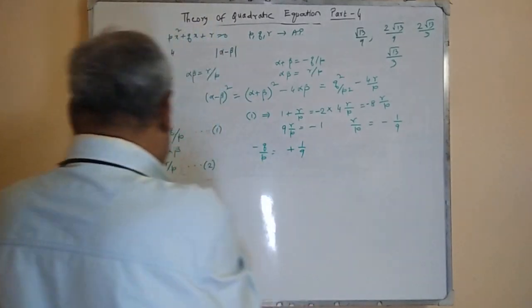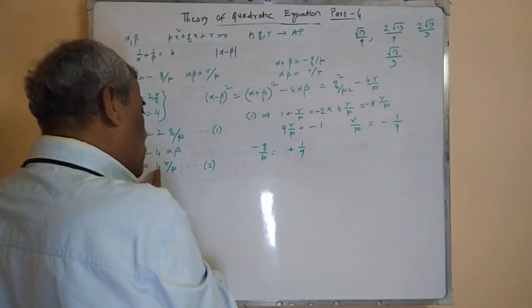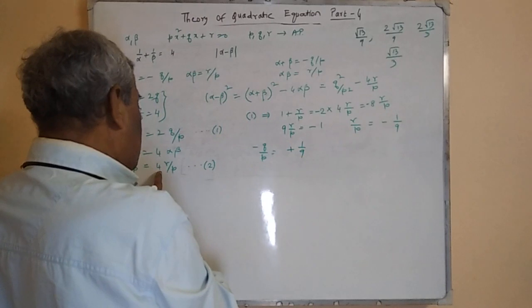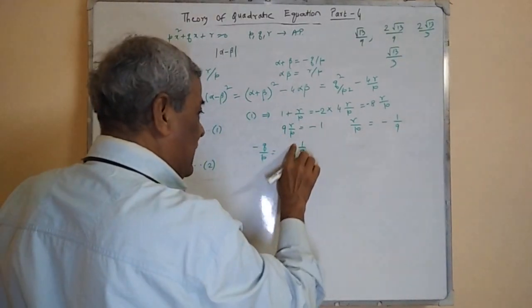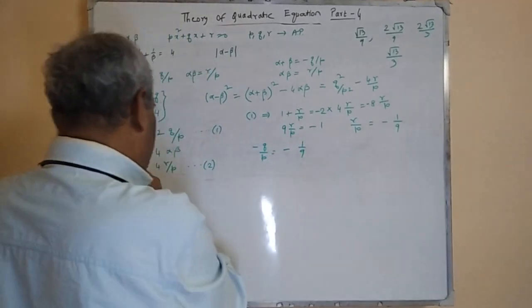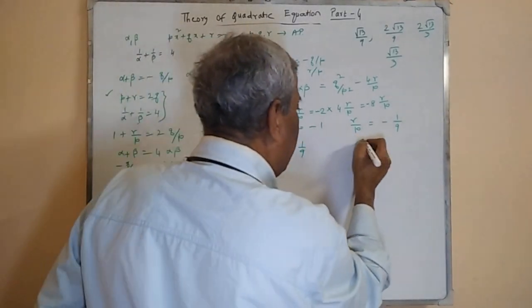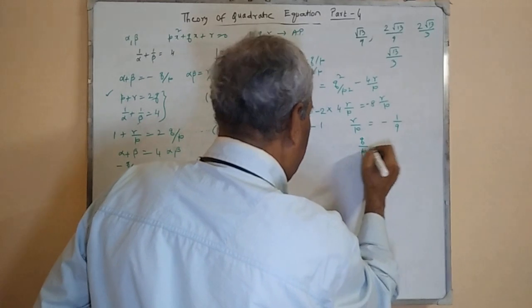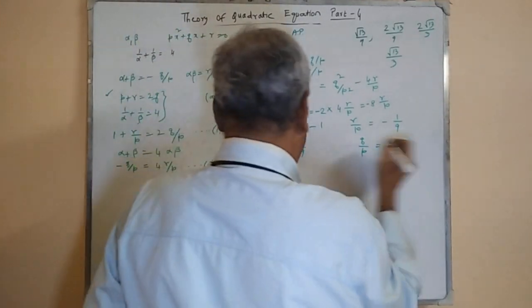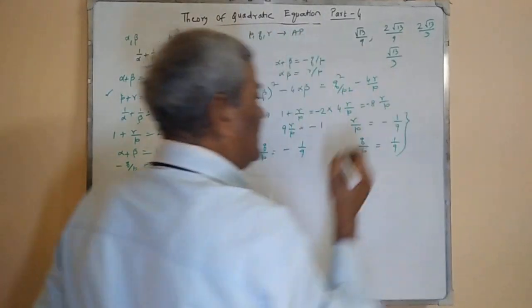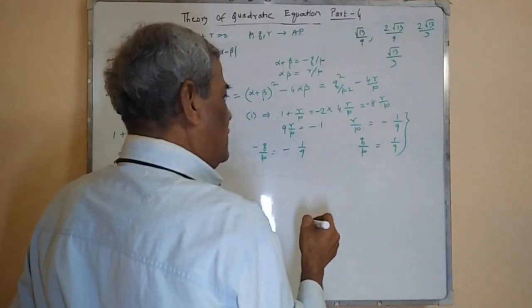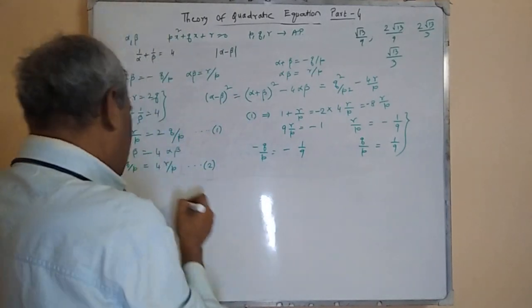Then minus q by p is 4 into r by p, which means negative. So this is negative. So q by p, we get q by p is equal to 1 by 9.